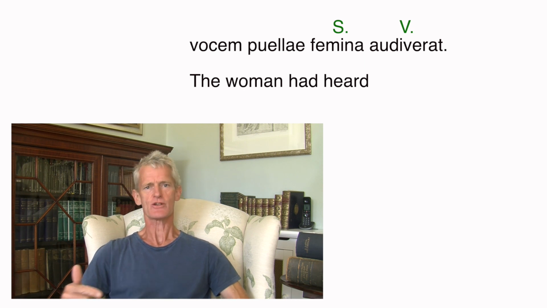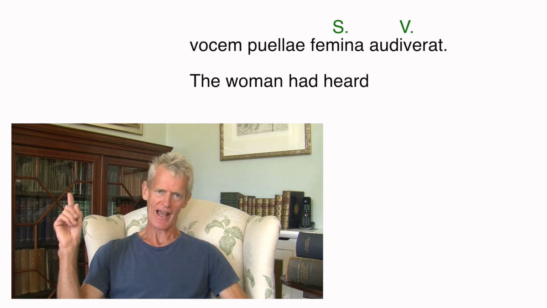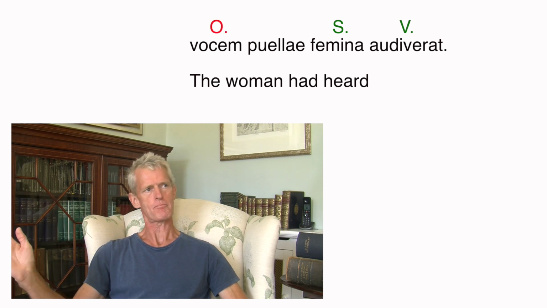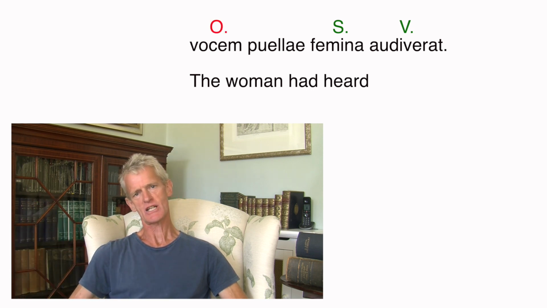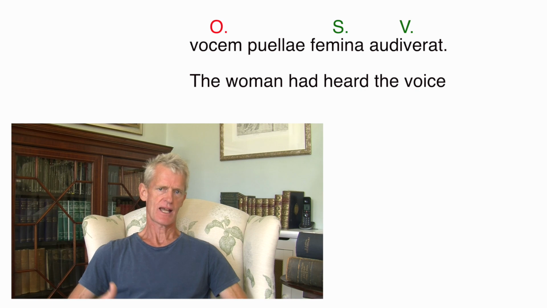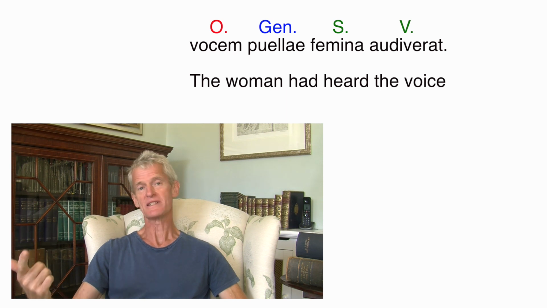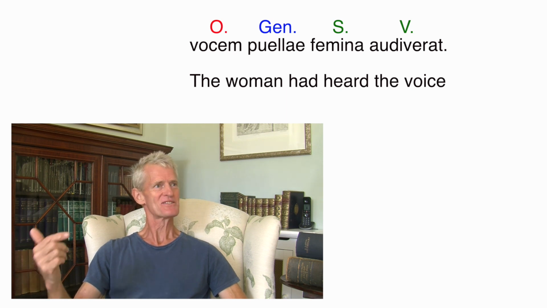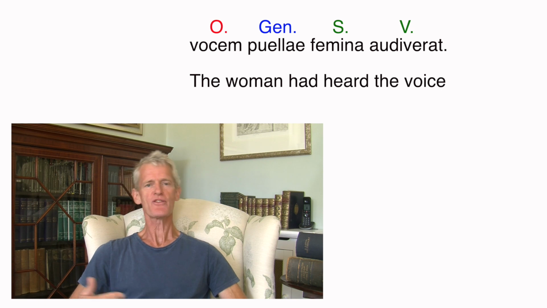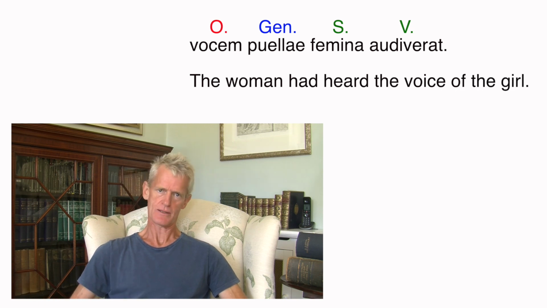Now, what had the woman heard? We're looking for that object, and we've got vocem. So the woman had heard the voice. And then you're left with puellae, well, genitive singular would make sense. Could be dative singular, but that wouldn't have made sense. So the woman had heard the voice of the girl.